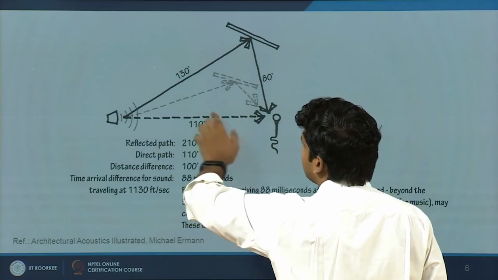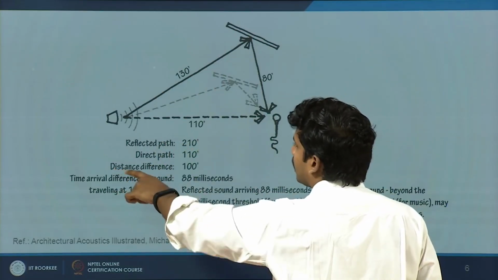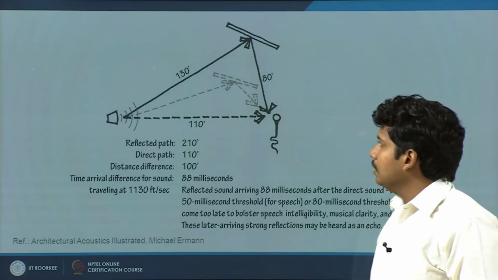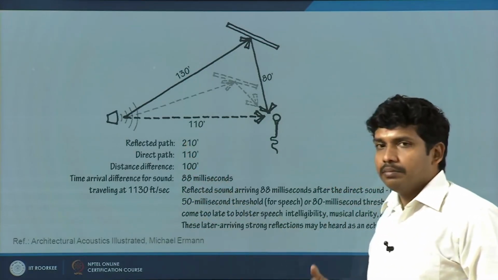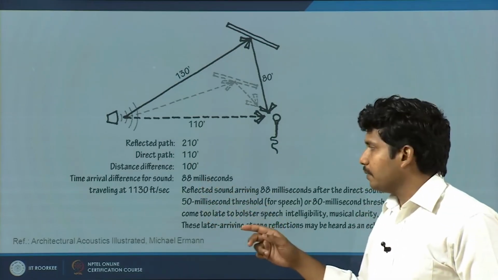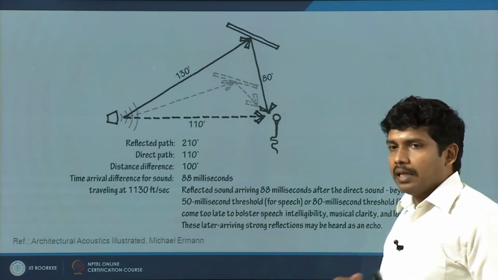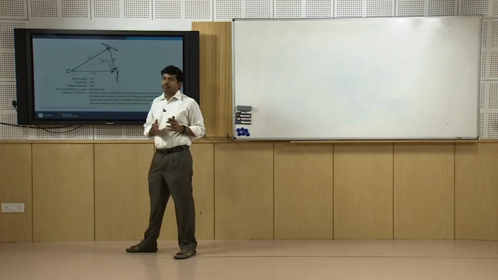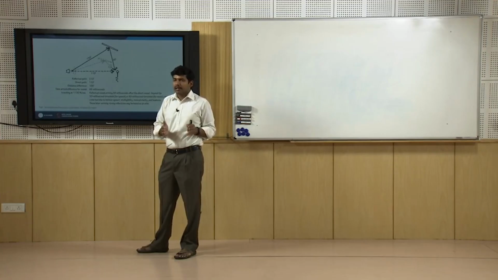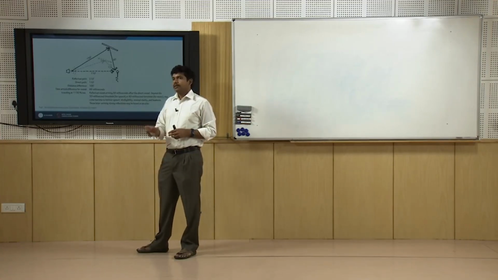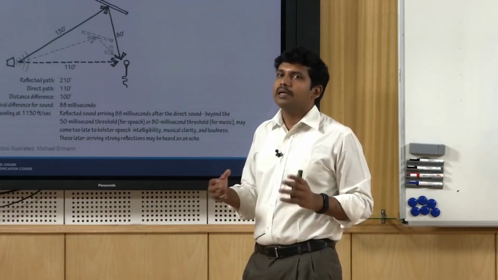Putting this together and subtracting 110, you have a distance difference of 100 foot, which means the time difference between the direct and reflected sound is 88 milliseconds. For a speech performance, where we are interested in the initial 50 milliseconds of arrival, it is in excess by 38 milliseconds, which is not desirable.